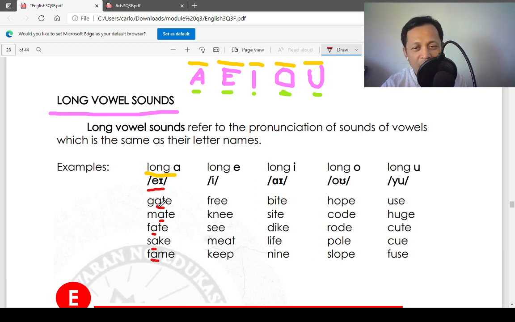See how the letter A is being pronounced. Gate, mate, fate, fake, fame. So that is how we read a long A sound.